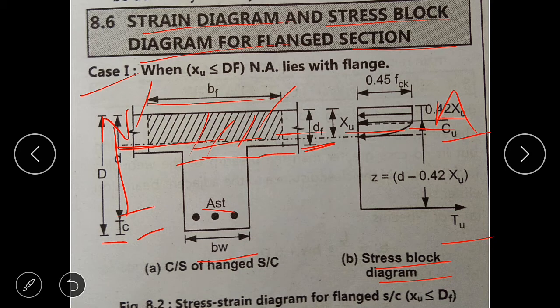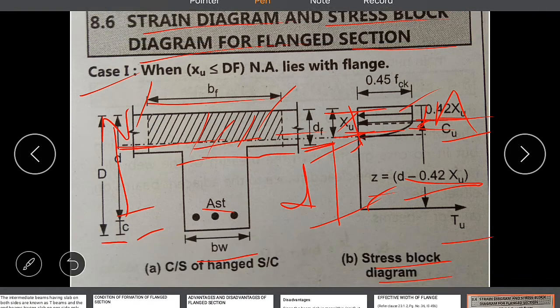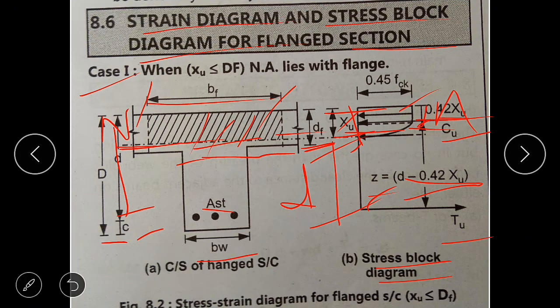TU, CU, tension side, compression side. Z means lever arm, Z is equal to d minus 0.42 XU. This value is 0.42 XU, and it is called the lever arm. Minus this value from d, so we get this value, which is called the lever arm. Okay, so this is the first case.